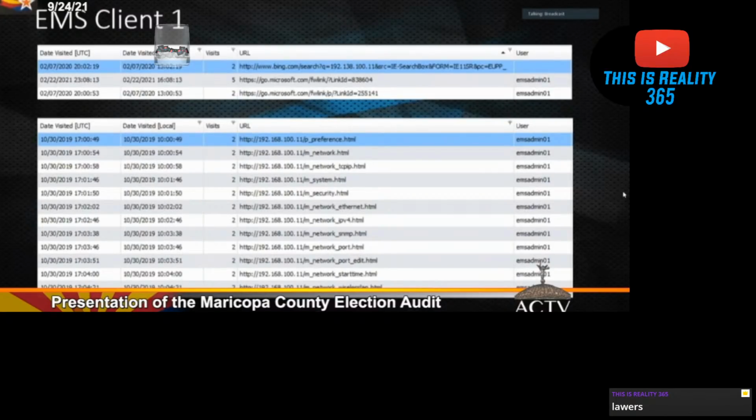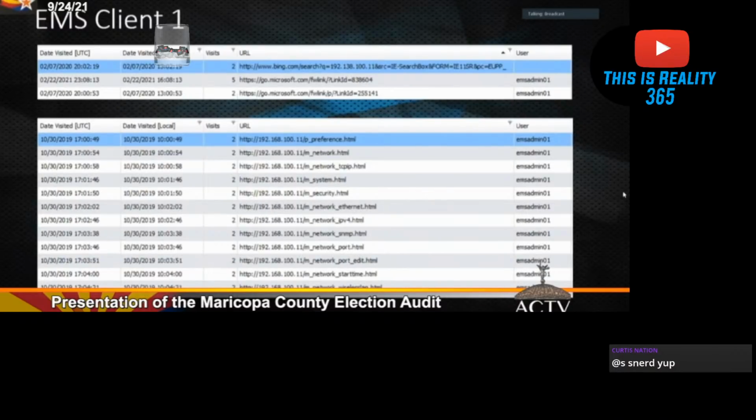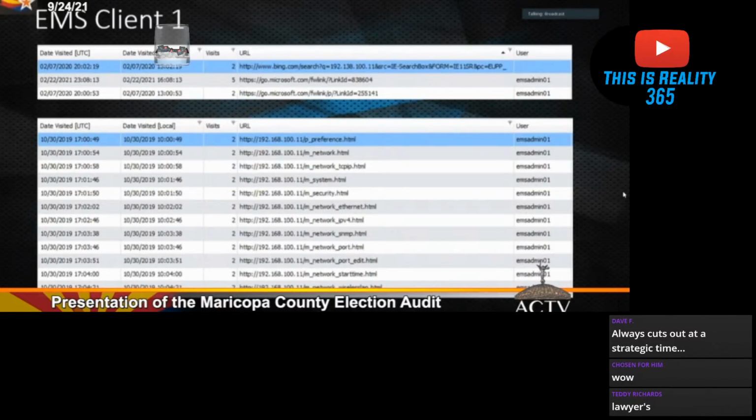Once again, who the actual human was behind that account, I cannot tell you because of the shared passwords and the shared user accounts. But I can tell you that not all the devices were produced to us that would have shed significant light on our findings.